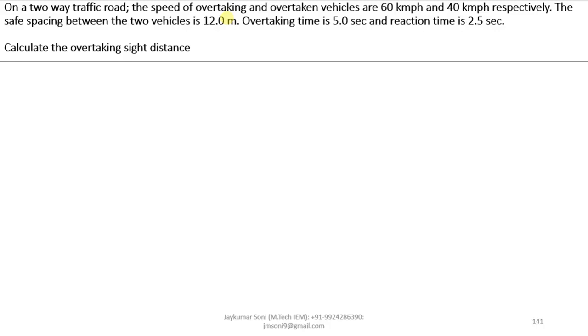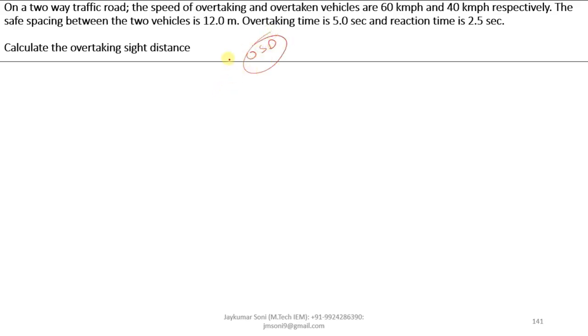On a two-way traffic road, the speeds of overtaking and overtaken vehicles are 60 kmph and 40 kmph respectively. The safe spacing between the two vehicles is 12 meters. Overtaking time is 5 seconds and reaction time is 2.5 seconds. Calculate the overtaking sight distance. Here you just need to calculate OSD.